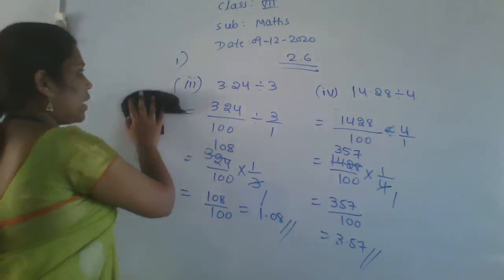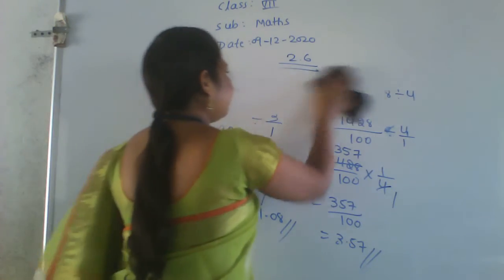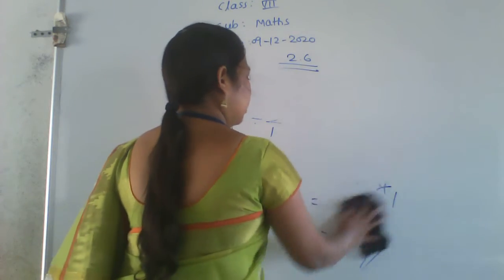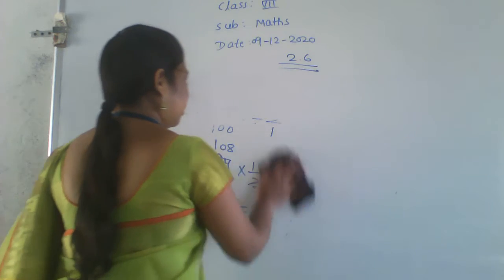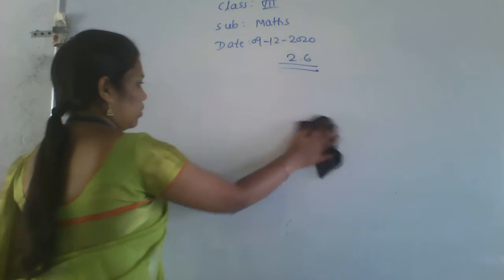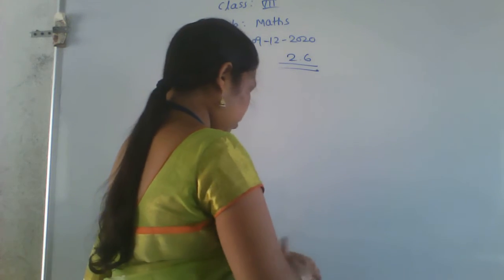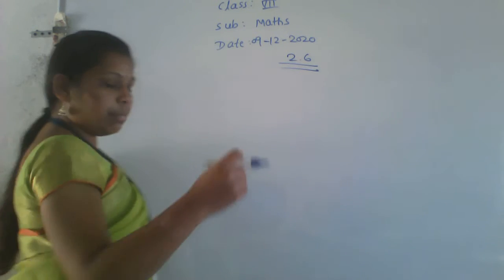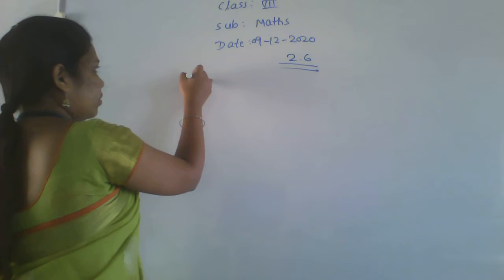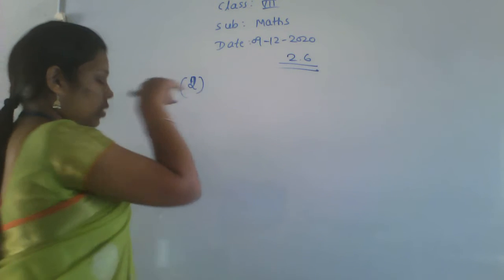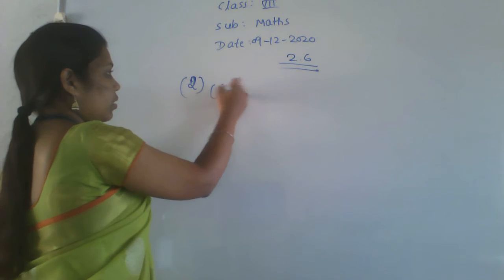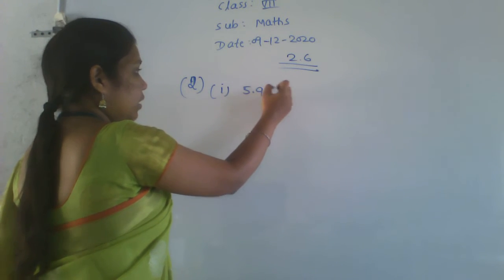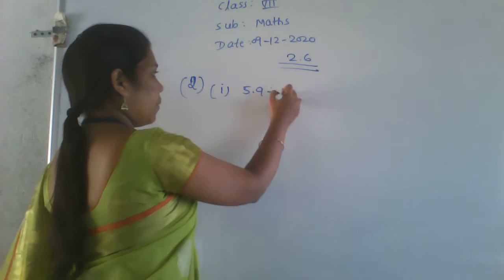Okay, next we'll go for the second main. What is the second main? Second main problem, first one: 5.9 divided by 10.